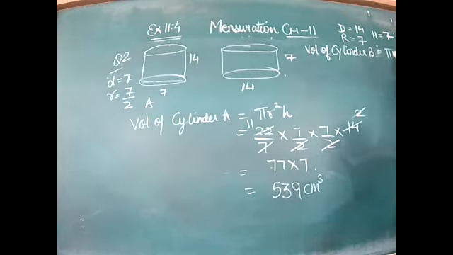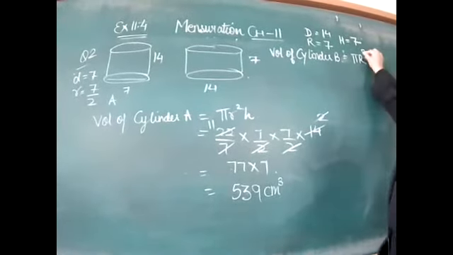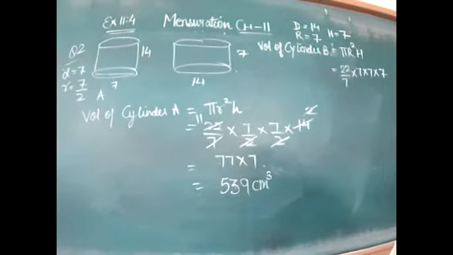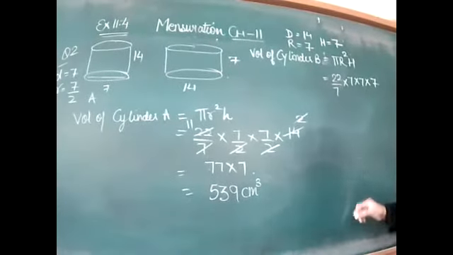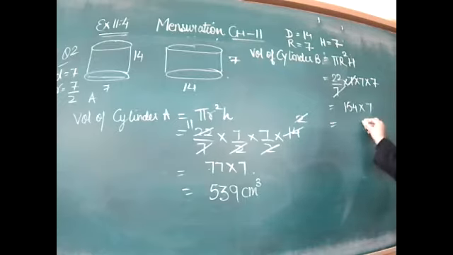And its volume is, I am writing it as capital R, capital H, pi R square H. 22 by 7. Radius is 7. Height is 7. 7 will cancel out. 154 into 7. 7 fours are 28. 35. 37. Here.